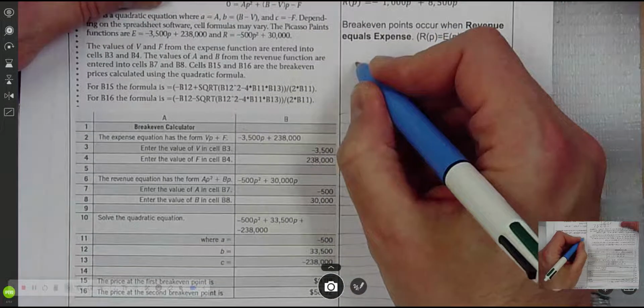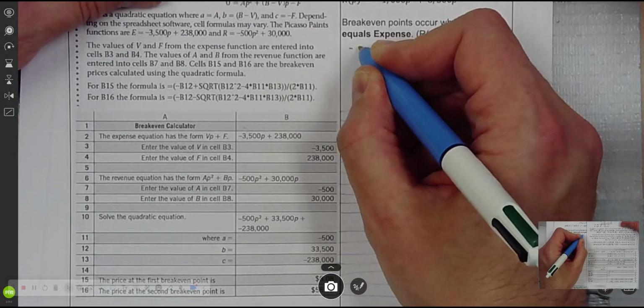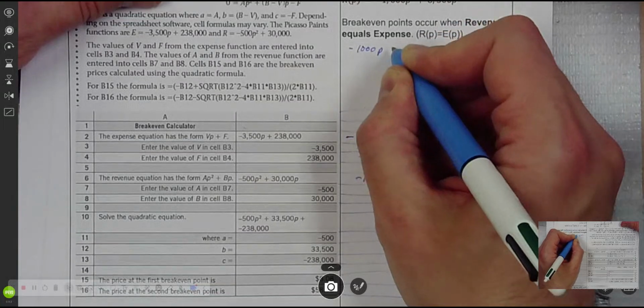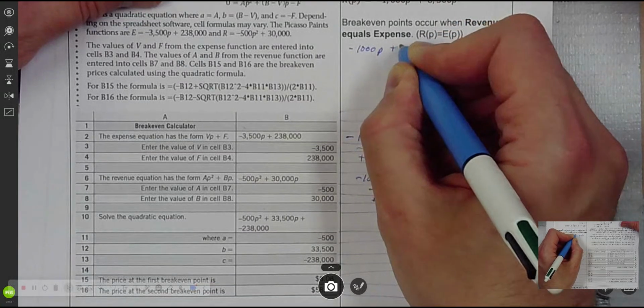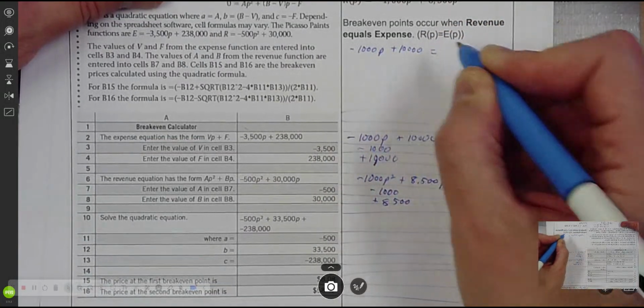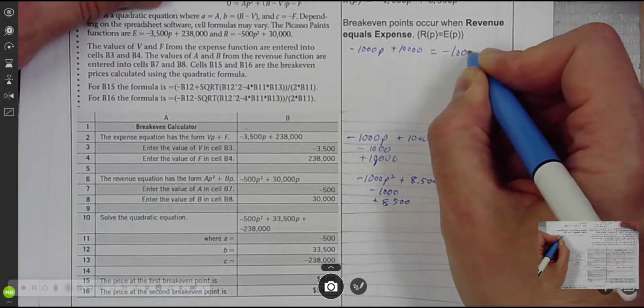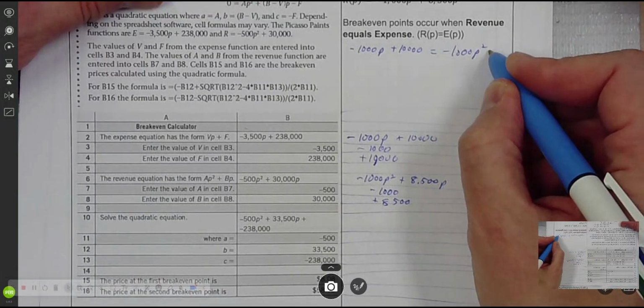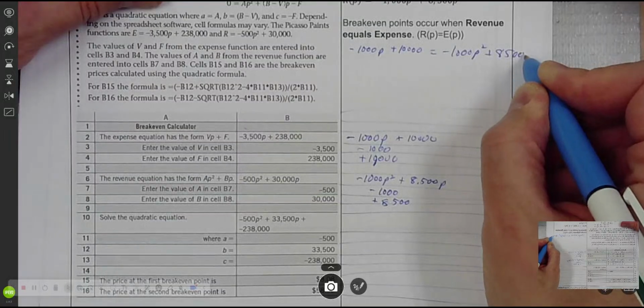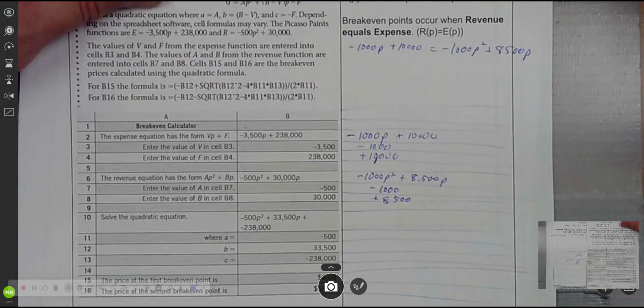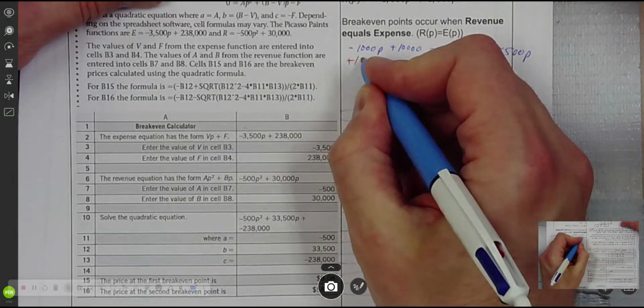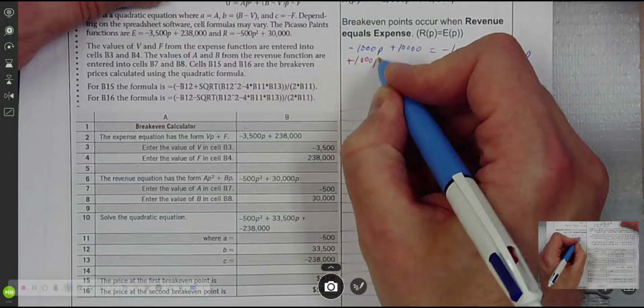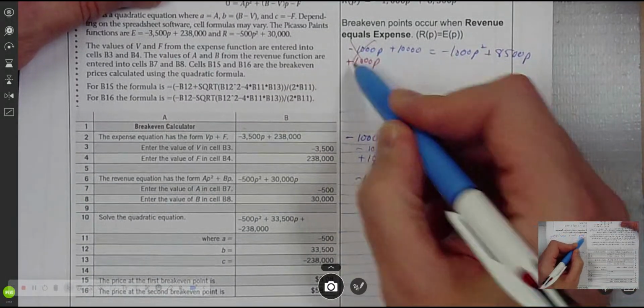So let me just kind of do this up here. Negative 1,000 p plus 10,000 equals negative 1,000 p squared plus 8,500 p. All right. Well, I know I'm going to add 1,000 p to get rid of that. To get rid of it, I need to add 1,000 p.